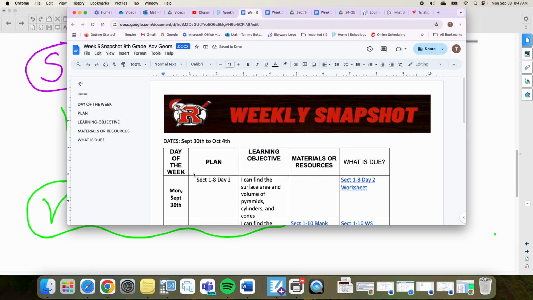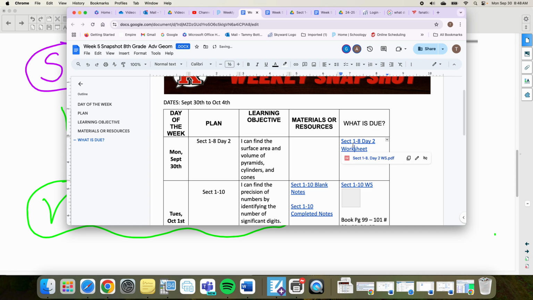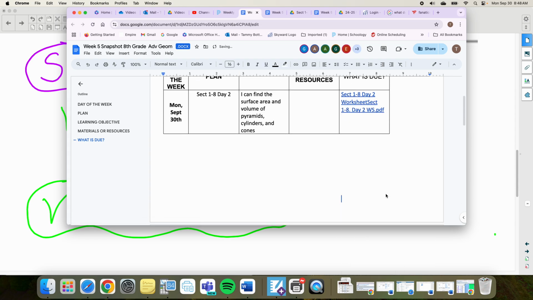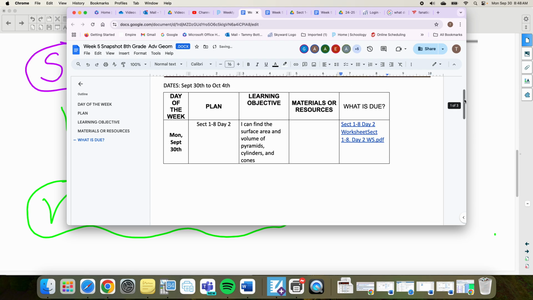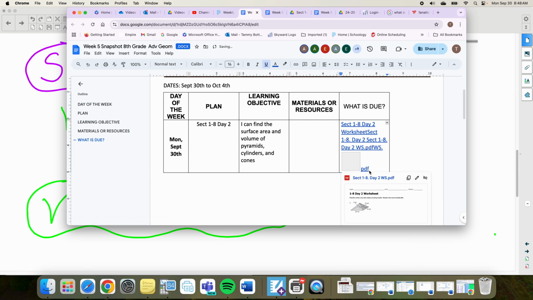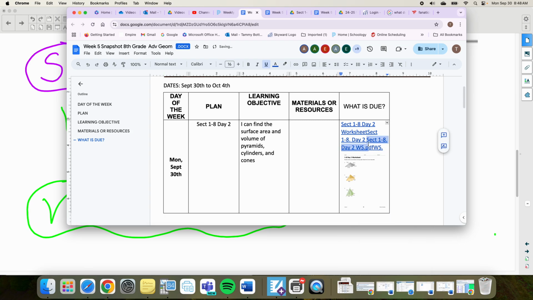I put the worksheet right here, where it's what is due. Open that and let me know if you're able to open it. Are you guys able to open it? Yeah? I'm not sure why I'm not right now. You can see it here, but were you able to get it out of there too? Okay, anyway, that is your worksheet.